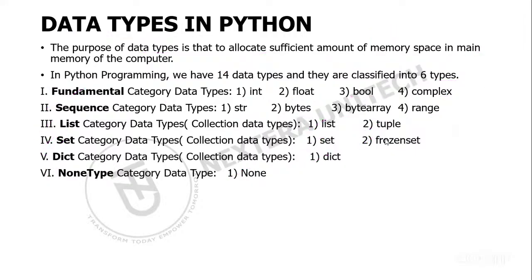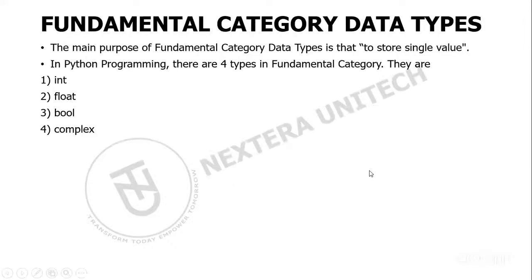What is the purpose of fundamental category data types? Any idea? Do you guys have any idea what the purpose of using fundamental category data types is? They help us store single values.